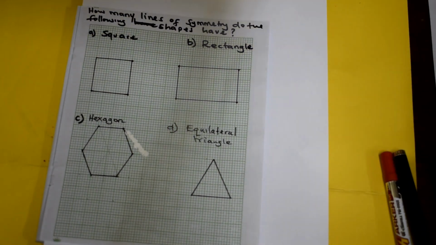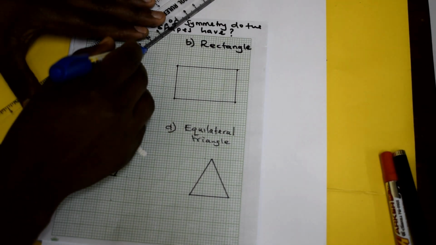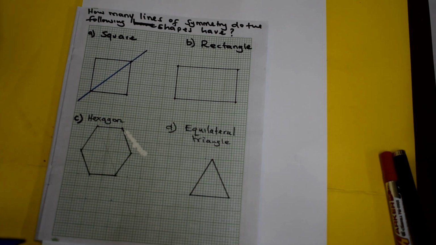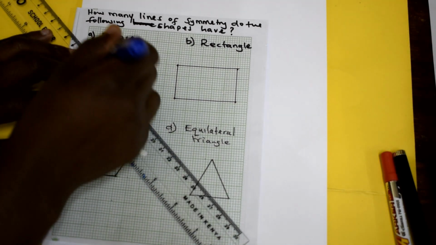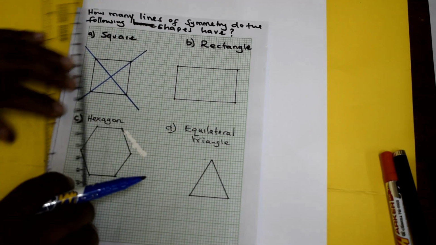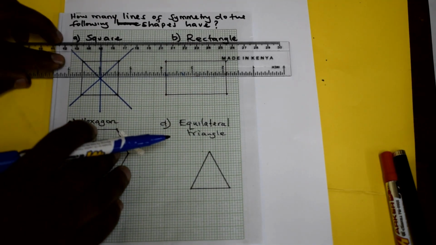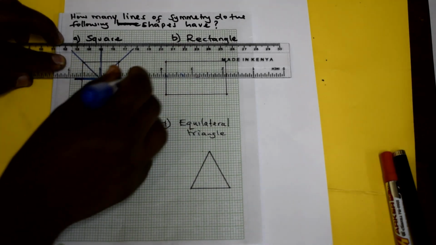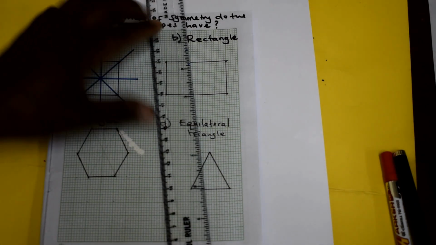A square can have 1, 2, 3, 4 lines of symmetry.